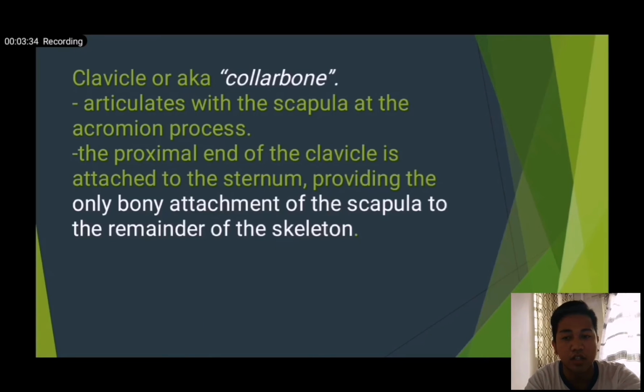Okay. So, next we have the clavicle, also known as the collarbone. Clavicle or collarbone articulates with the scapula at the acromion process. The proximal end of the clavicle is attached to the sternum, providing the only bony attachment of the scapula to the remainder of the skeleton.